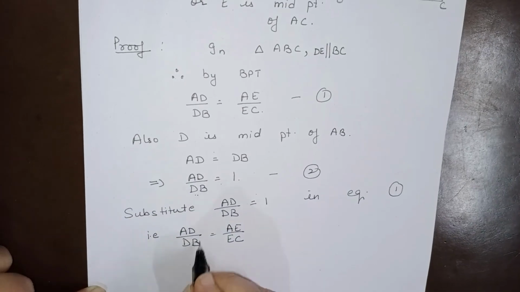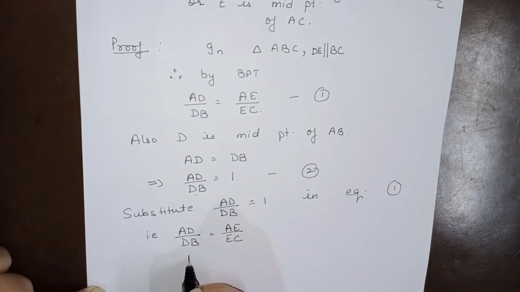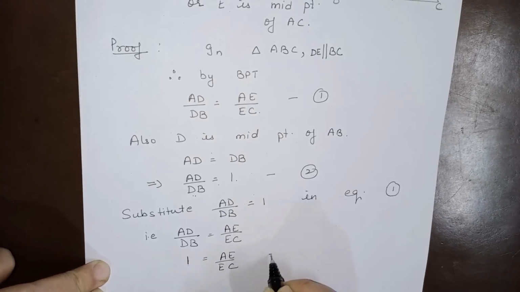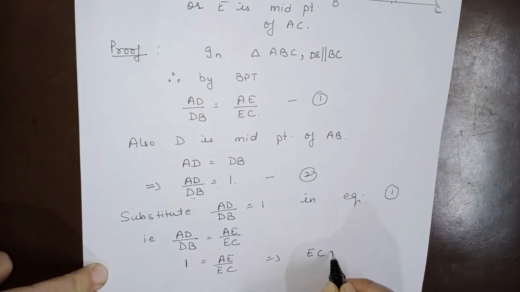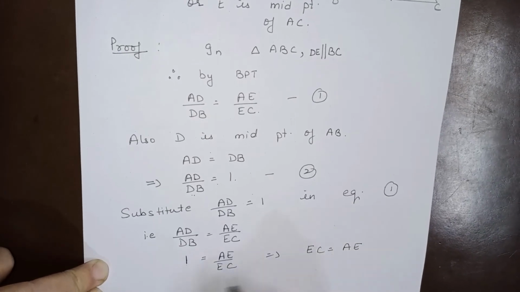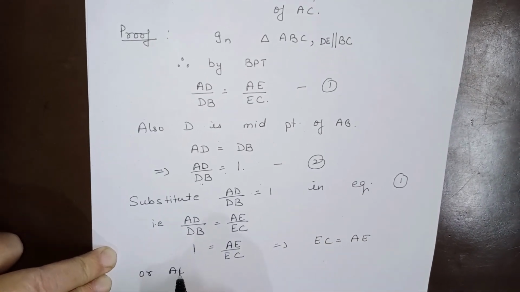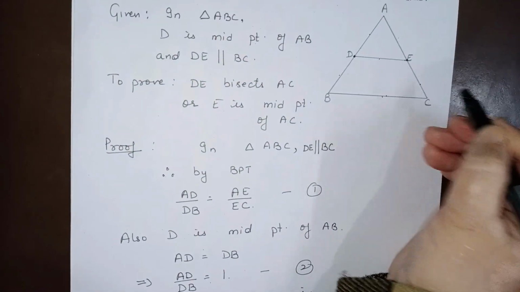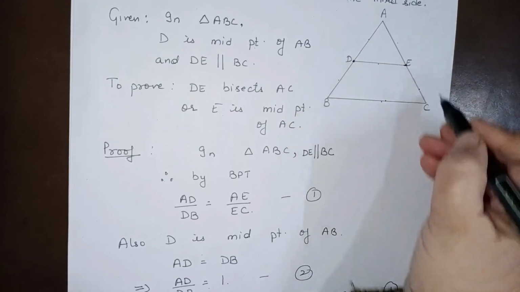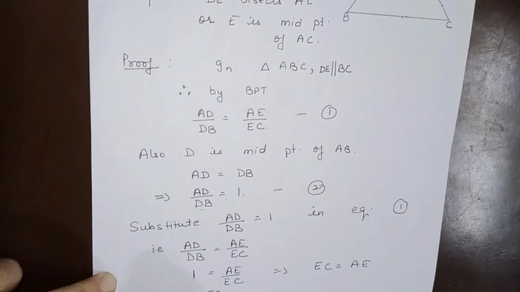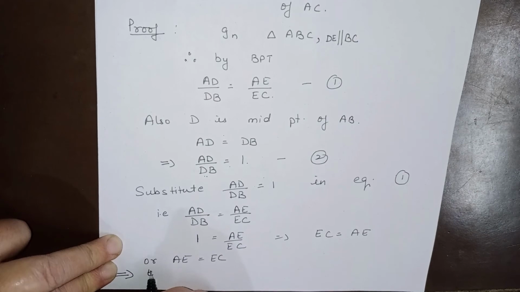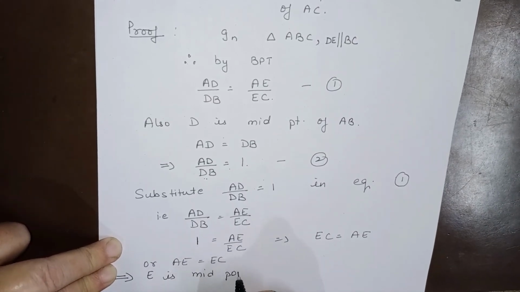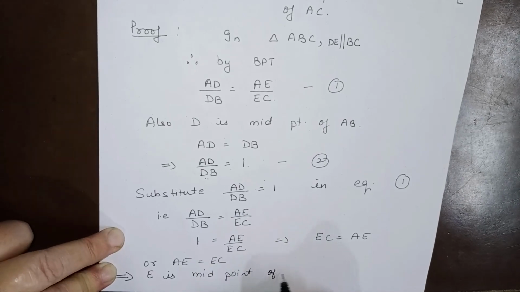Now in place of this, I will write 1 because this value is 1. This implies that EC equals AE, or AE equals EC. See, AE equals EC, or we can say that E is the midpoint of AC.